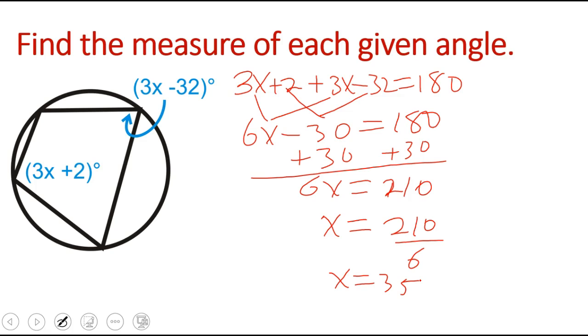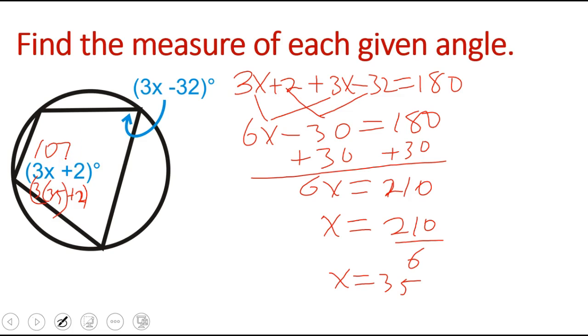And then that's not the answer, so we have to go back and substitute into each one of those. So if we substitute here, we do 3 times 35 plus 2. I think we should just multiply that and then add 2. So 35 times 3 is 105, plus 2 is 107.